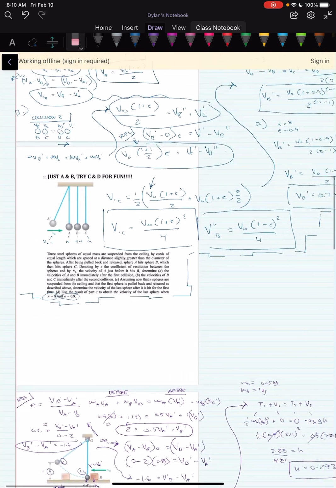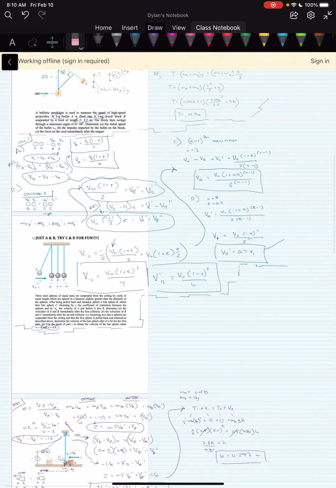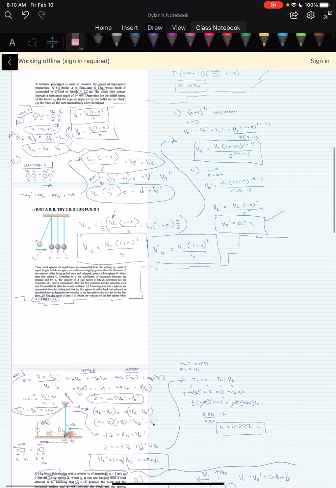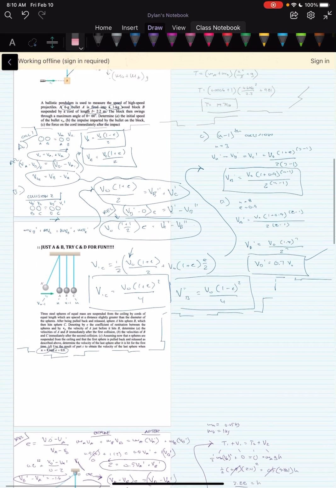Number 11. This one I want to understand better. I don't fully understand it. And so basically I understand that the momentum is transferred, and so we're able to use our initial potential and impulse, and that stays throughout the contact.